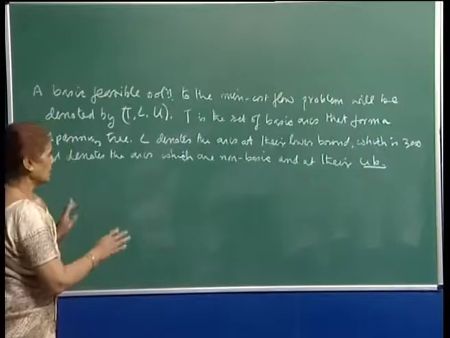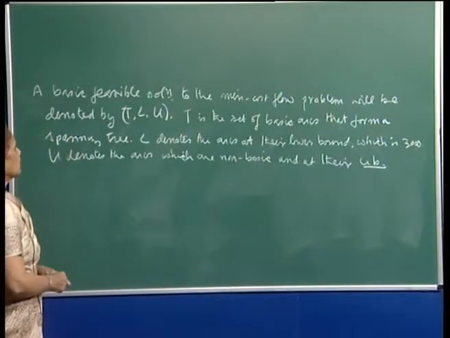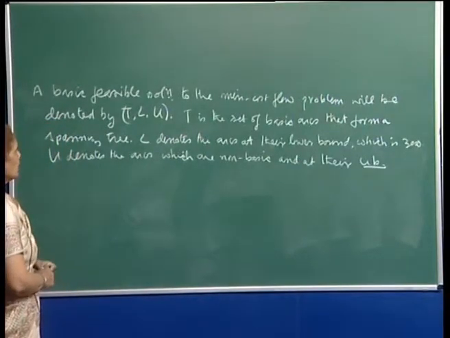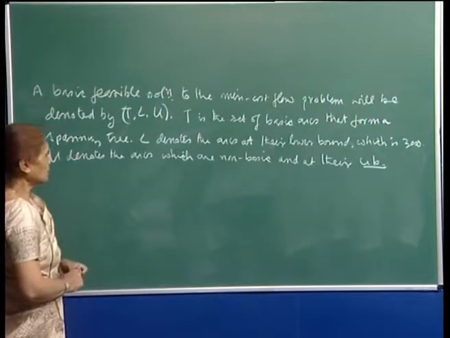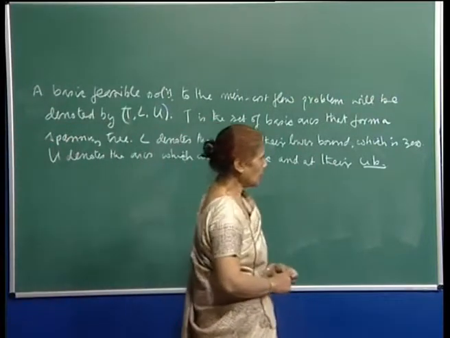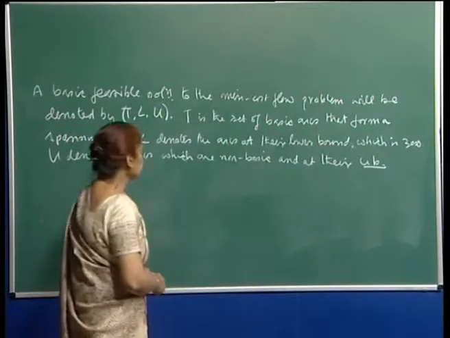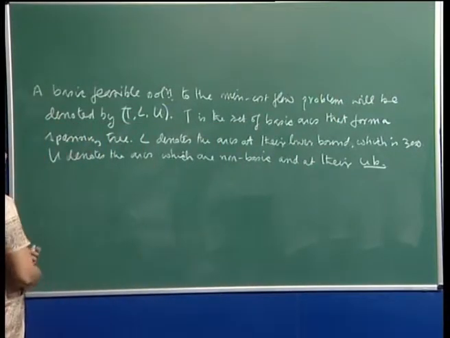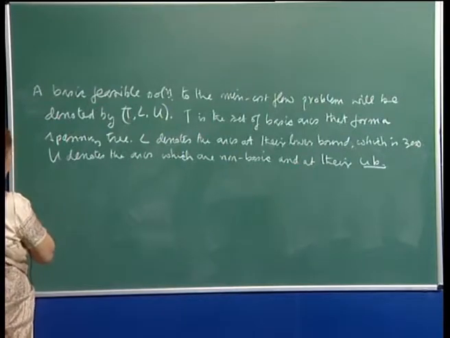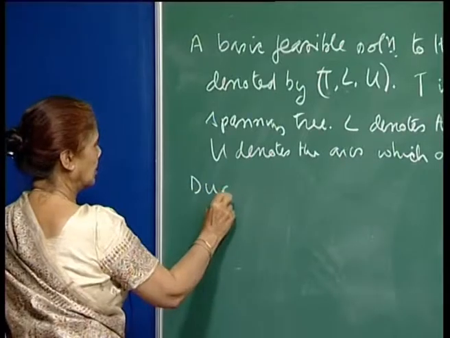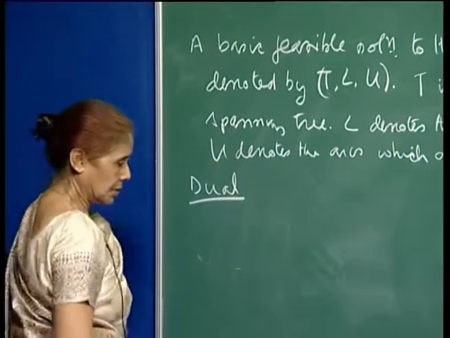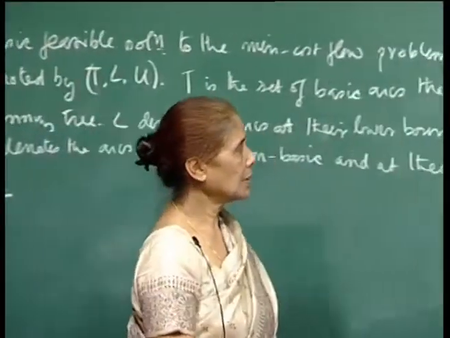We have already seen this in terms of the transportation and bounded transportation problem and so on, right. But let me just give you now a feeling as to what happens. So, let me write the dual, and again it is not much different from what we have been doing so far.